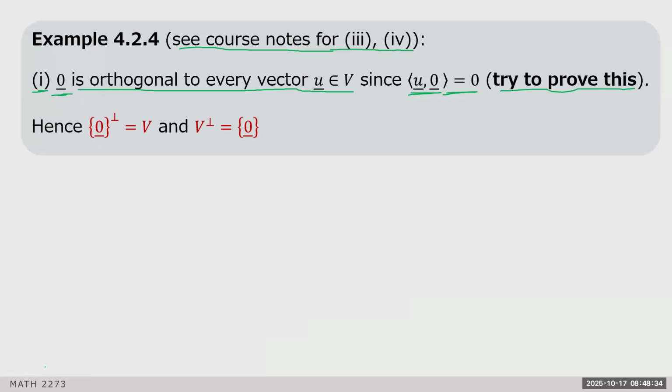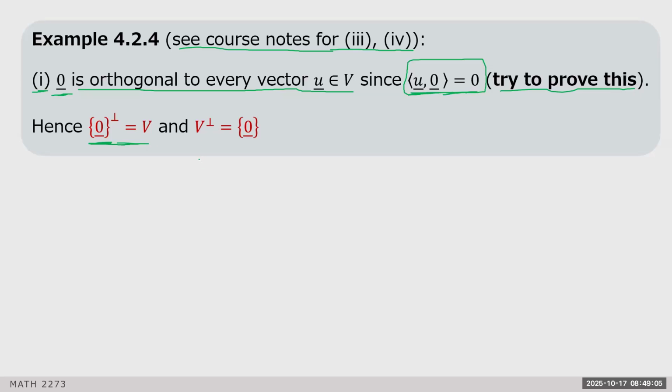Okay, so now that I know that the zero vector is perpendicular to every other vector in my space, another way of saying that is that the orthogonal complement of just the zero vector is the entire space. Because the zero vector is perpendicular to everything.